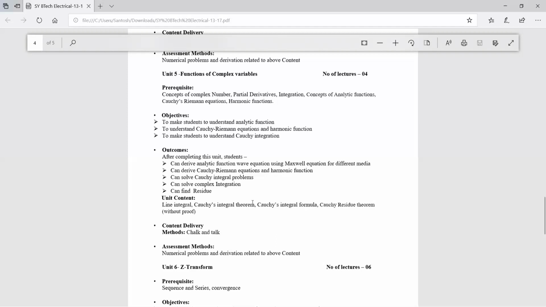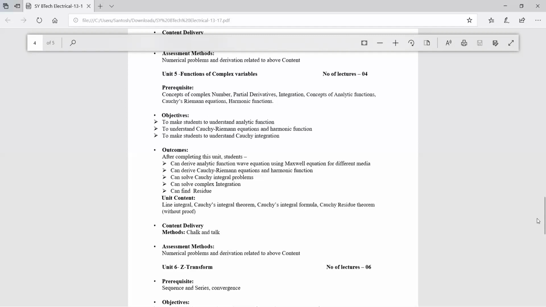Cauchy integral formula, Cauchy residue theorem. There is no proof of the Cauchy residue theorem here; we do not have to see the proof of this theorem.